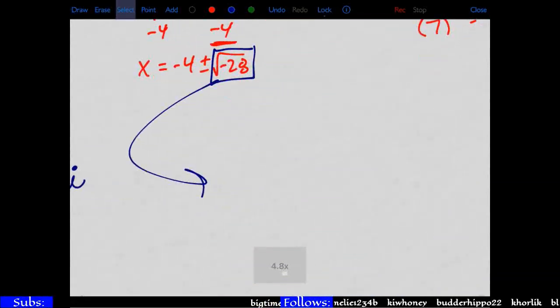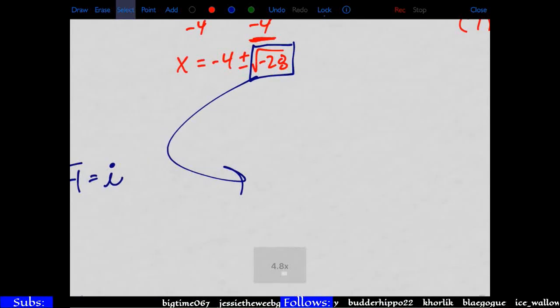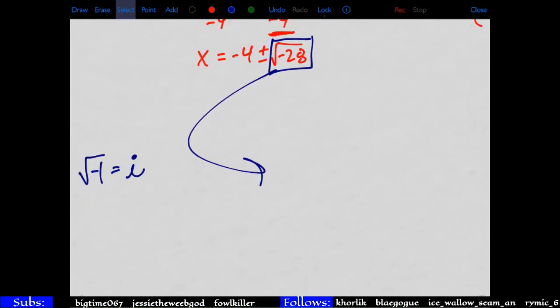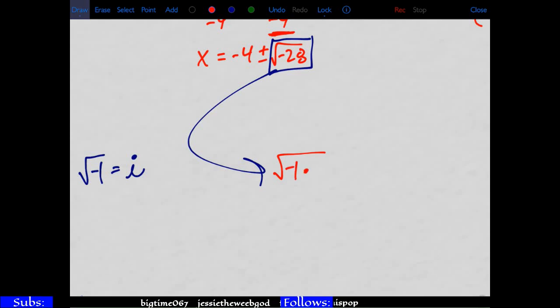So if I have something like the square root of negative 28, I could rewrite that as the square root of negative 1 times 28. I can just split up 28 into two numbers, negative 1 and 28.